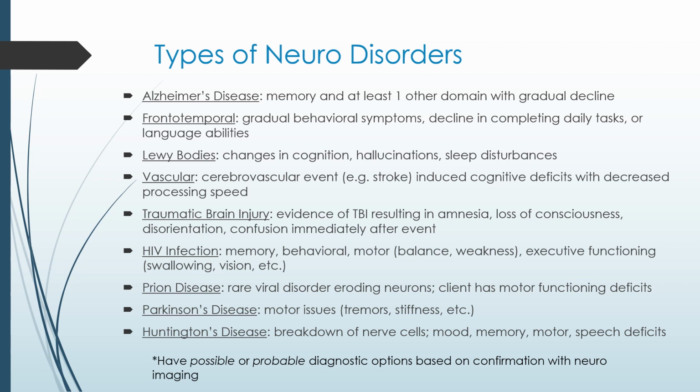Luckily with HIV infection, currently we have a lot of medication that can manage that disease to prevent a lot of those things, but it is potentially something that will come up in the symptomology of HIV.